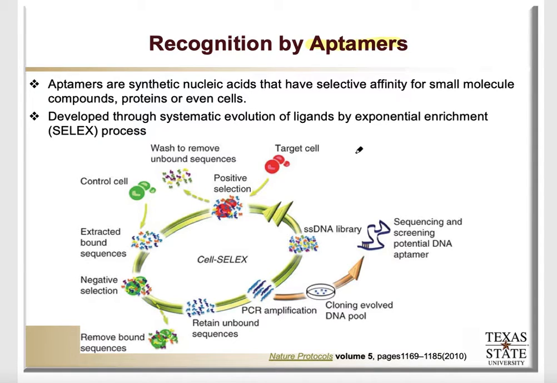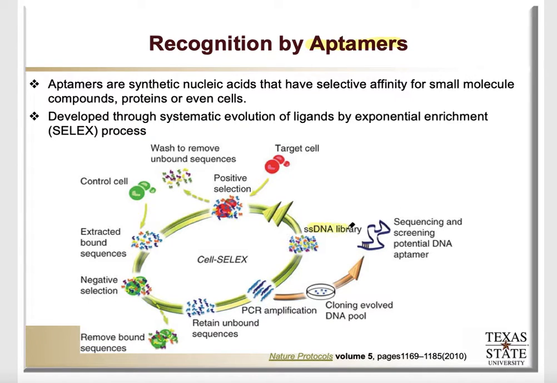An aptamer is a synthetic nucleic acid that has been selected because of its affinity for the target. That target could be a small molecule, a protein, or even a cell. Aptamers are developed by utilizing the systematic evolution of ligands by exponential enrichment, or SELEX, process. And for that, we're actually going to be beginning right here.